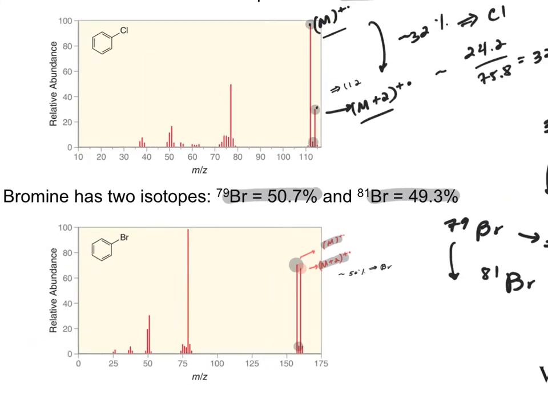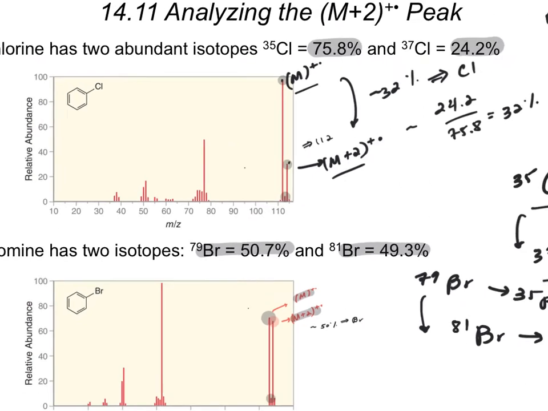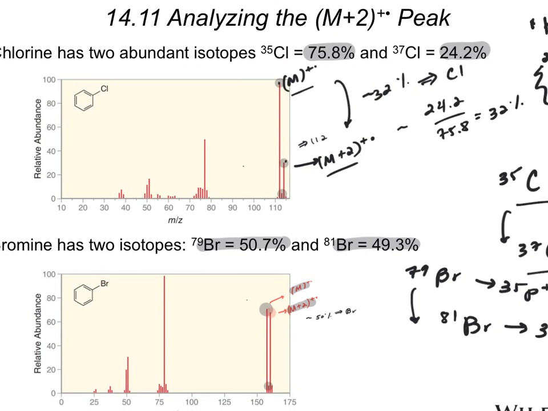Because if it was chlorine, the ratio would be approximately 33%. So you're going to compare the relative amounts of this M+2 peak to the molecular ion peak, and that should be a big indicator whether chlorine or bromine is present in your compound. If it's bromine, it'll be about 50%. If it's chlorine, it'll be about 33%. And again, this is for every bromine and every chlorine.